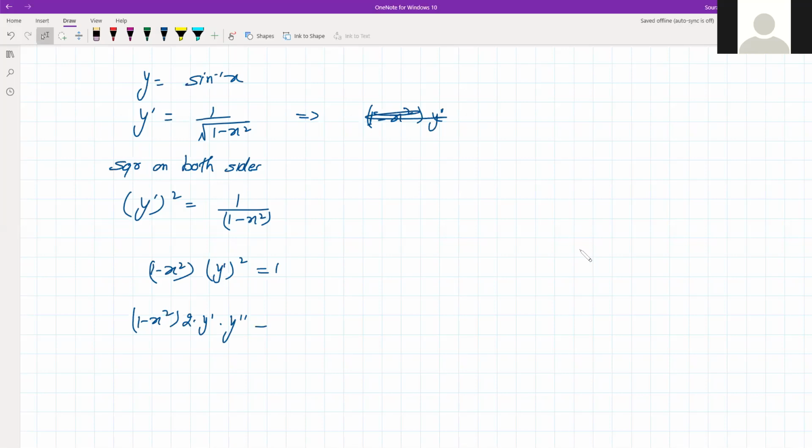Plus this y dash square, the second function as it is, into minus 2x.